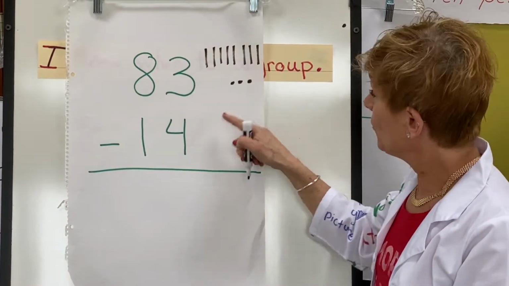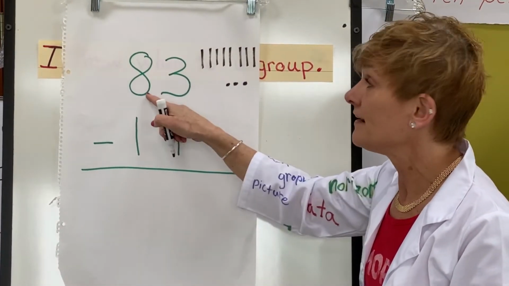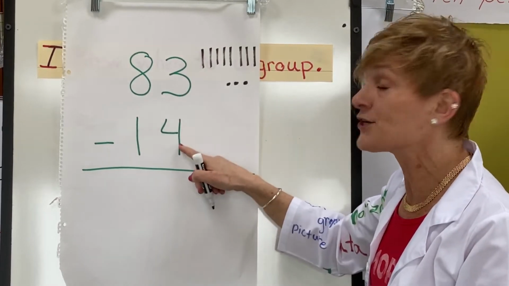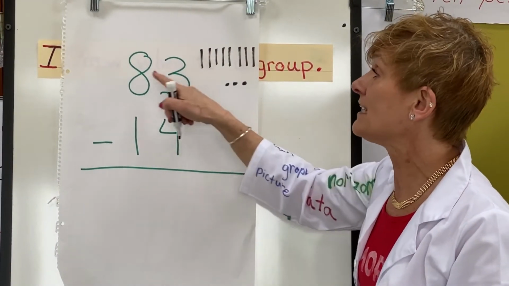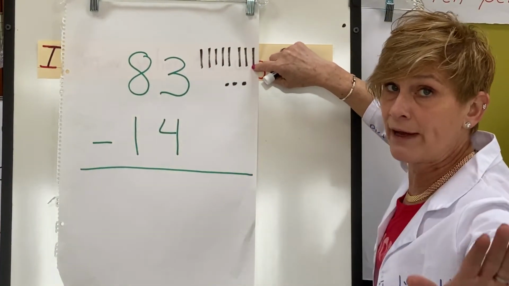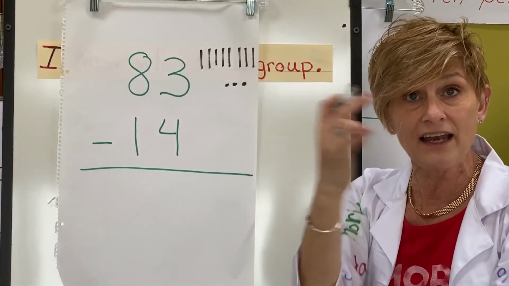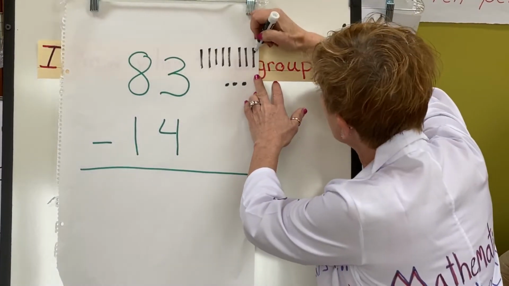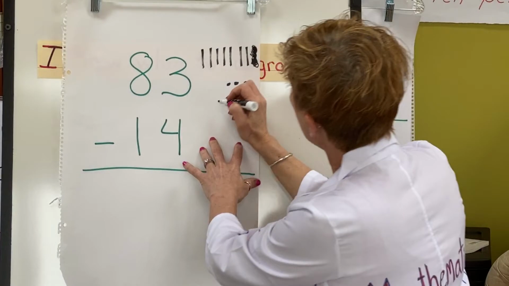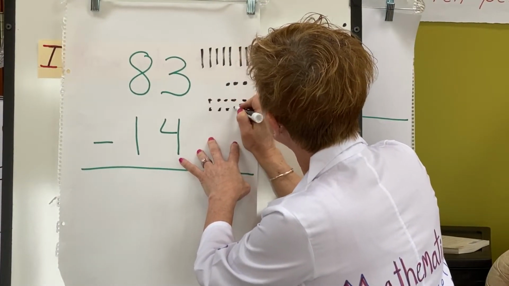I can't. We know that if there is a greater amount on the floor, we need to ungroup next door. Remember that saying? We've got to take one of these tens. We're not throwing it out. We're just going to ungroup it. That means we're going to take that 10 and ungroup it. 1, 2, 3, 4, 5, 6, 7, 8, 9, 10.